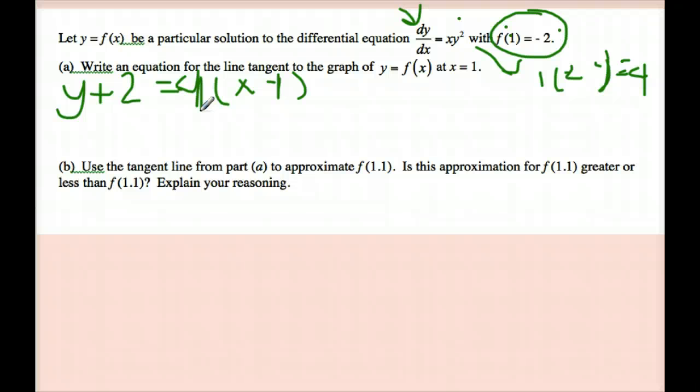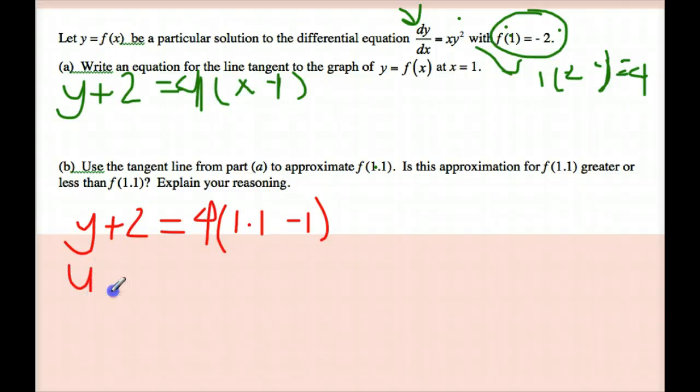Then it says to use the tangent line from part A to approximate 1.1. I plug 1.1 into my x value and get y plus 2 is equal to 4 times 1.1 minus 1.